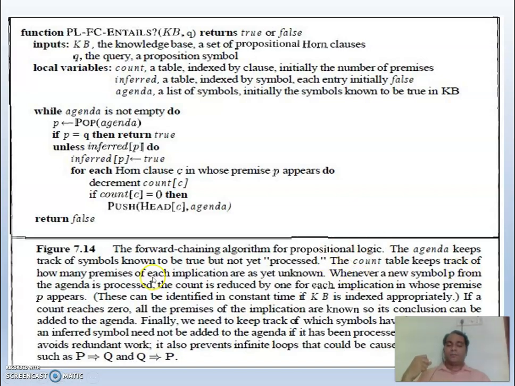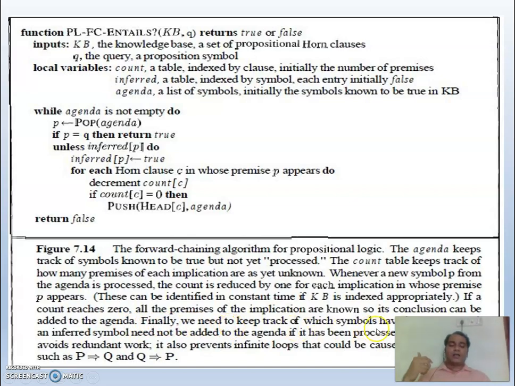Whenever a new symbol P from the agenda is processed, the count is reduced by 1, because we are processing that, so we can reduce the count for each implication in whose premise P appears. Now, if a count reaches 0, that means all the premises of the implication are known, so its conclusion can be added to the agenda.